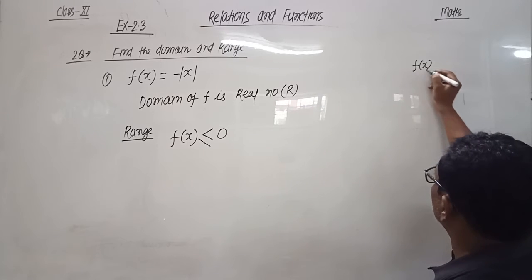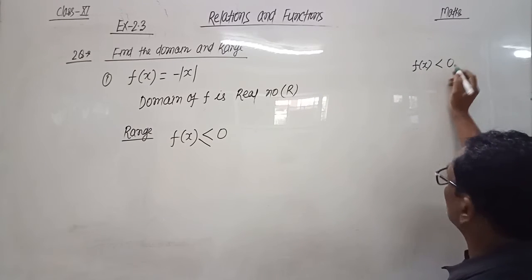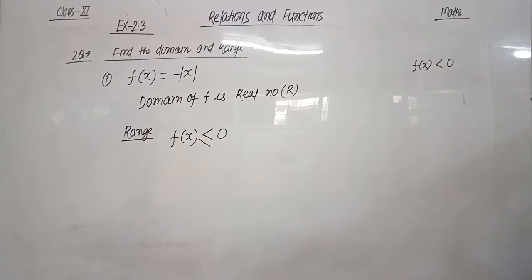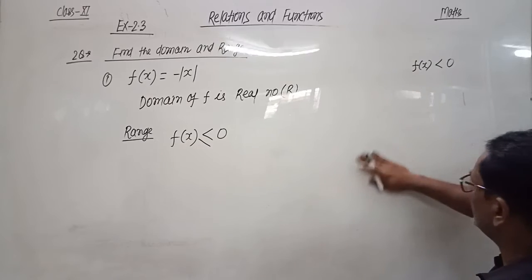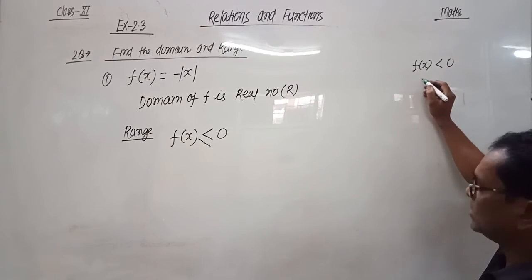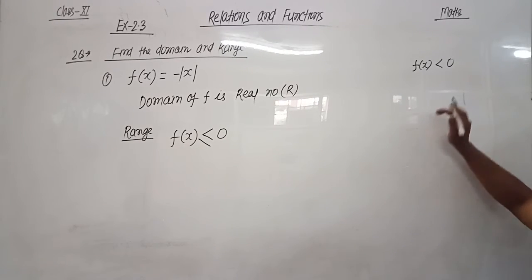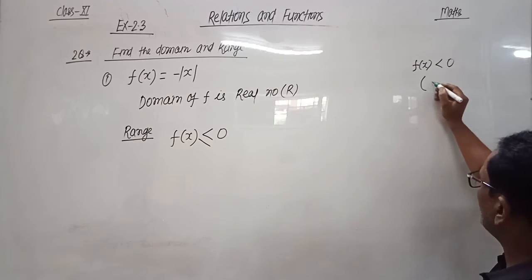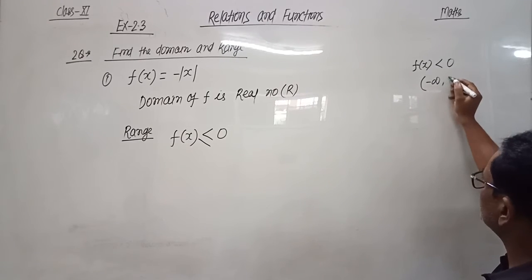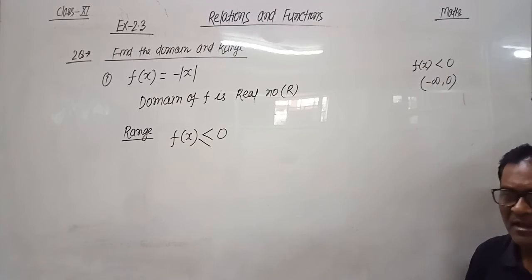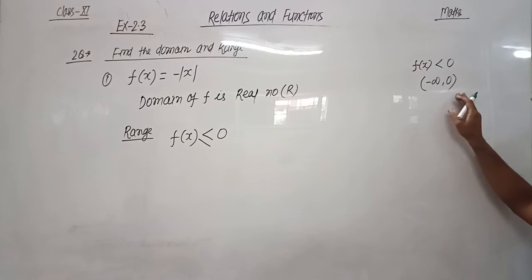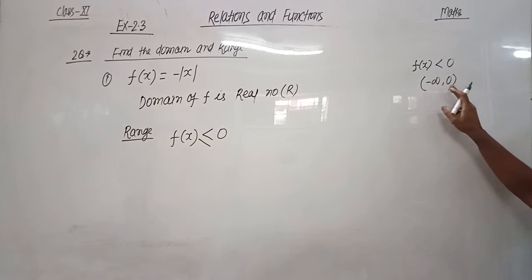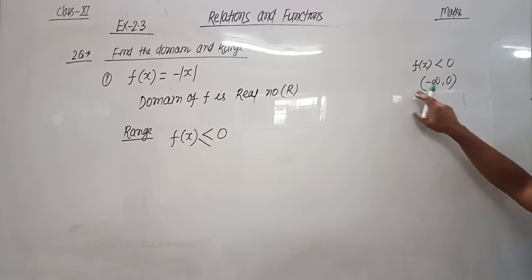If f(x) is less than 0, then in real numbers we write it in interval form, from minus infinity to 0.